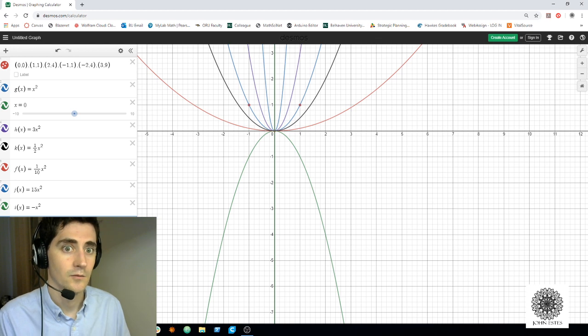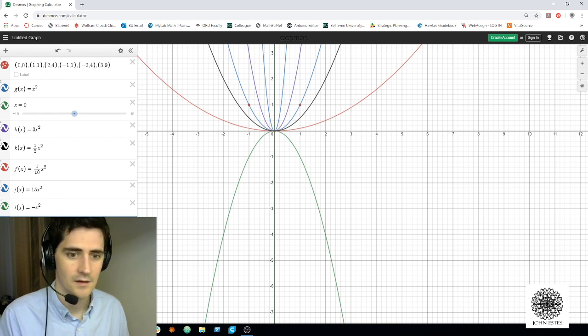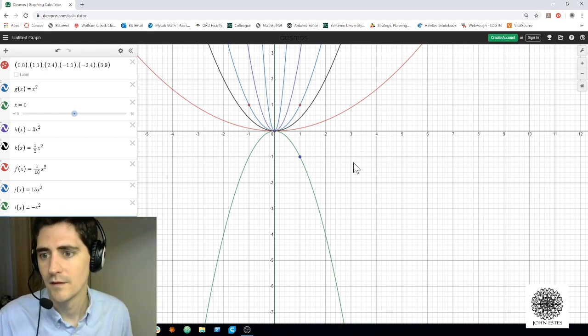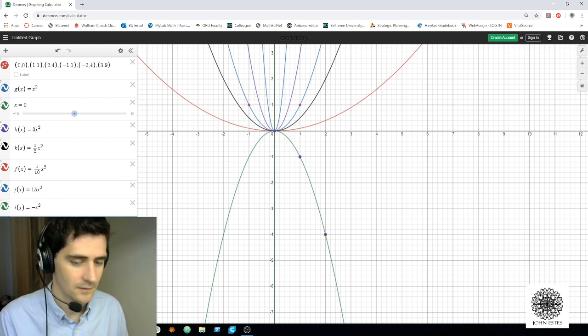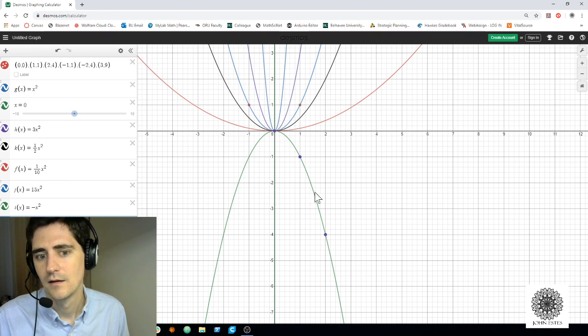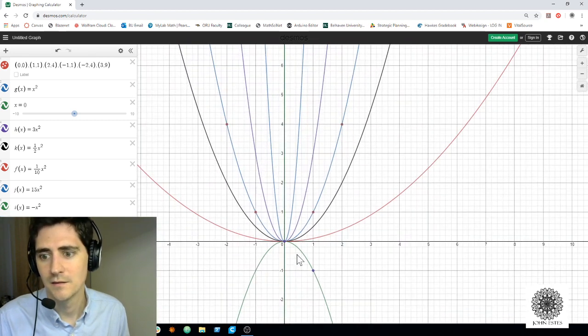So that'd be negative 1 squared. Be careful with your parentheses. That's negative, parentheses, 1 squared. I get negative 1. And see, that's a point on the parabola. And I could do the same thing with 2, negative 4, and so on. All right, so the negative a flips my graph upside down.